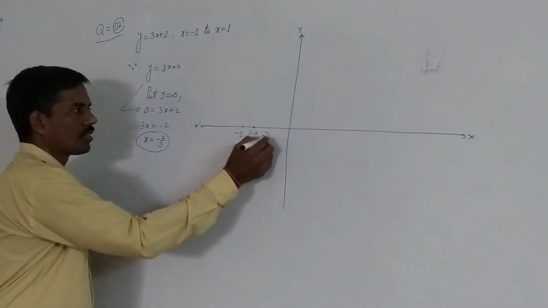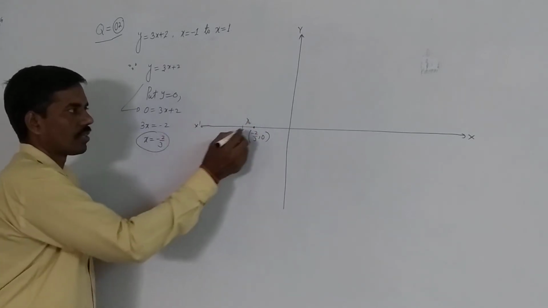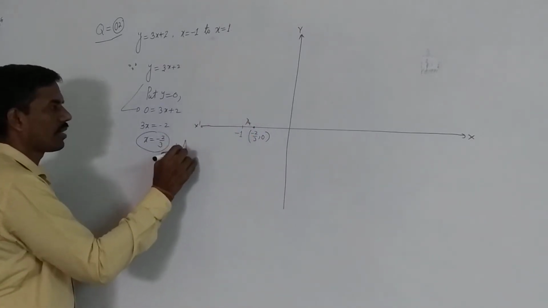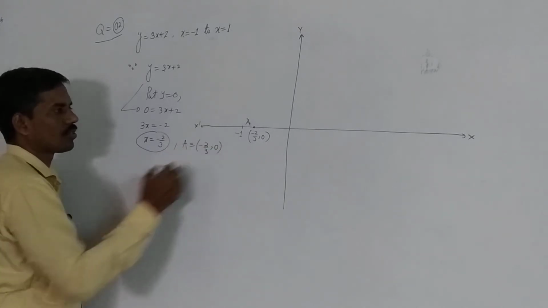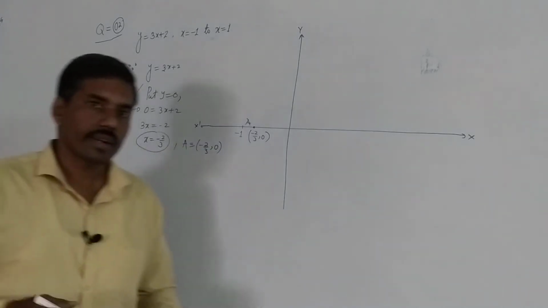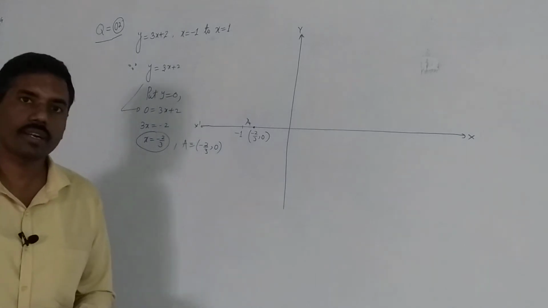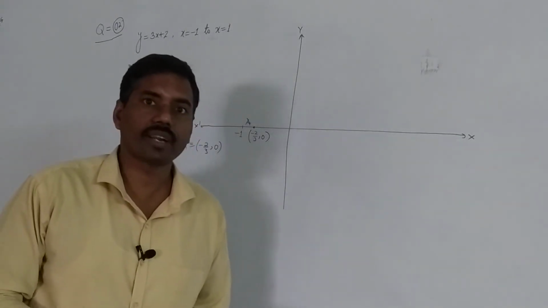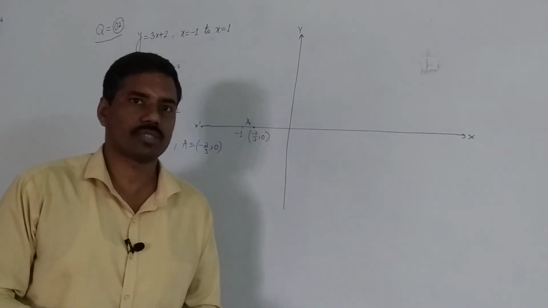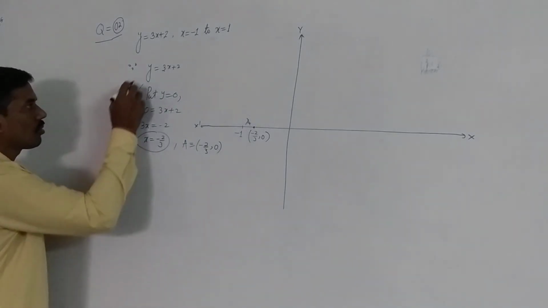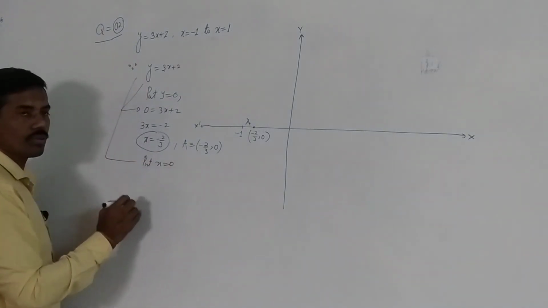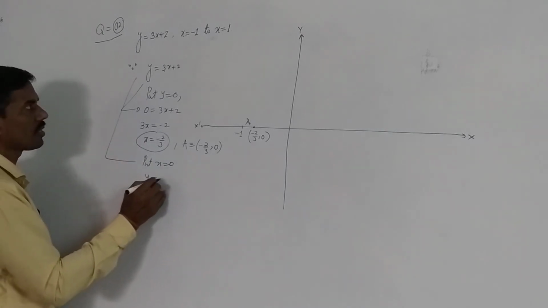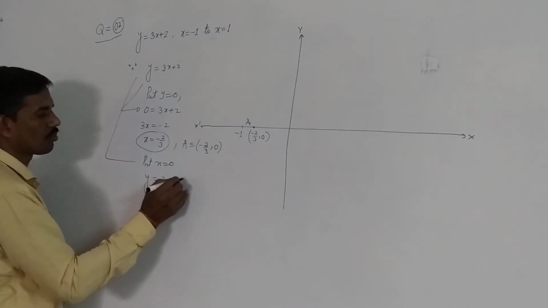Okay, let this point be A. The coordinates of point A are minus 2 by 3 and 0. Next, let us find the coordinates of the point which lies on the y axis. For that we have to put x equal to 0. We get y equal to 3 into 0 plus 2.